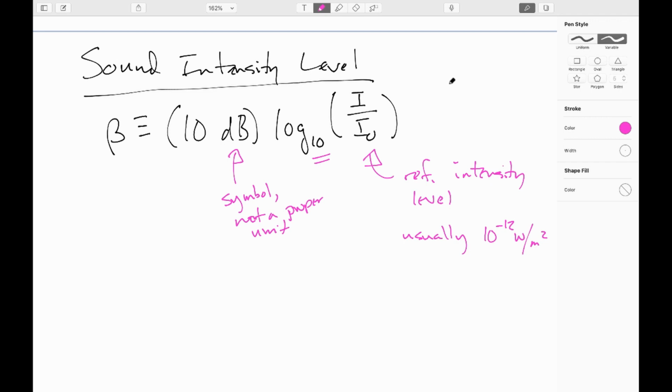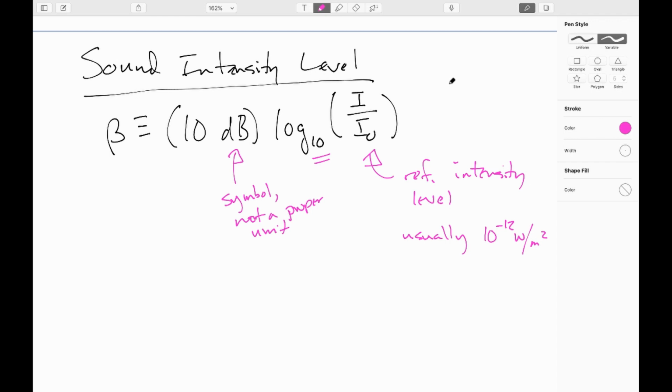They have imagined a certain standard speaker, and they say that if you put your sensing equipment 1 meter away from the speaker, at that point, if you are producing a wave of 1 watt per square meter, that's the reference intensity they're using.